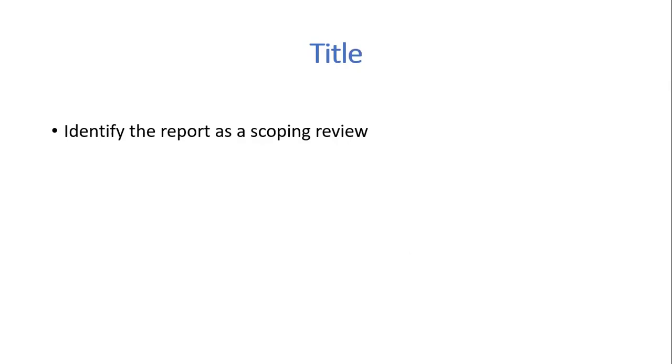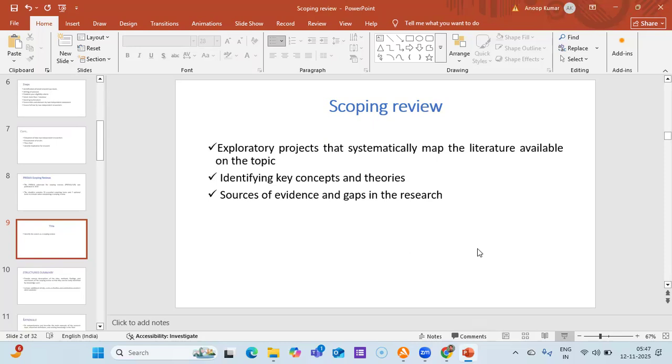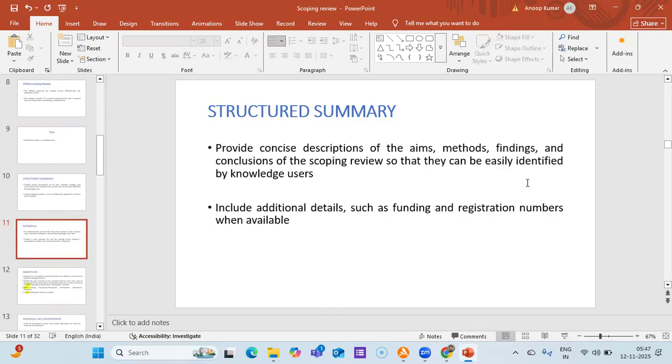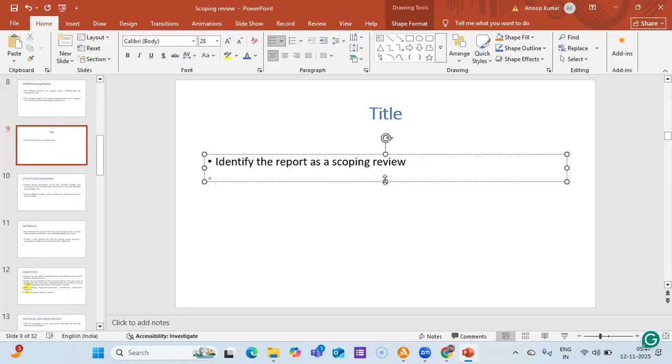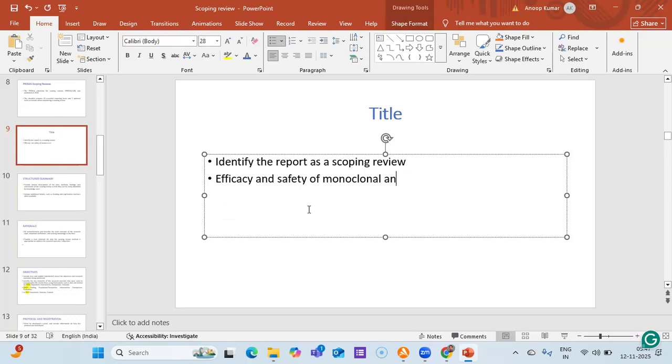So, in the title, you have to mention it's a scoping review. If you are not mentioning that, it means that you have not followed the guidelines, right? For example, as I said, if your topic is, I am just putting a random topic, the efficacy and safety of monoclonal antibodies.